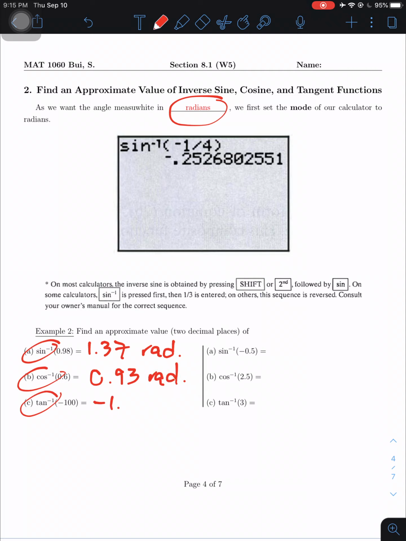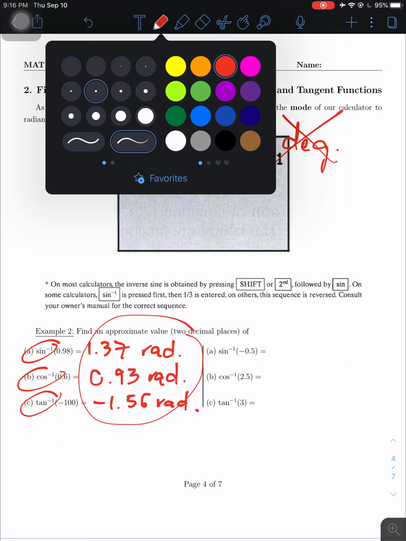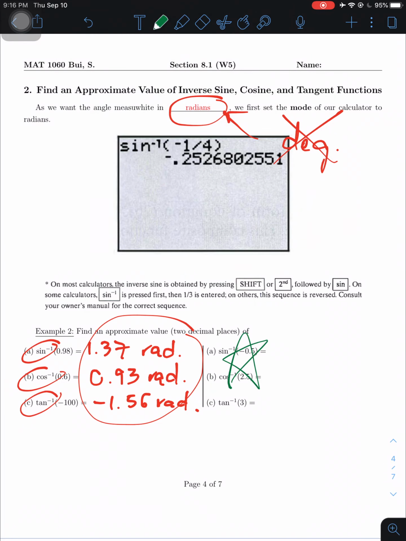And this one is negative 1.56 radians, okay? And if you don't get these numbers, chances are you don't have it in radians. Maybe you have it in degree mode, and this will totally change the answer. Even though your input is the same, it will change the answer completely. Okay, so make sure you got that down.